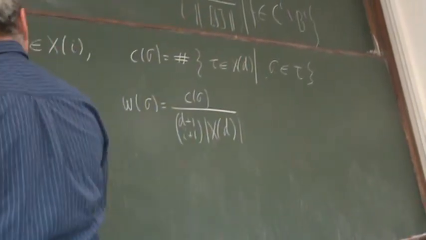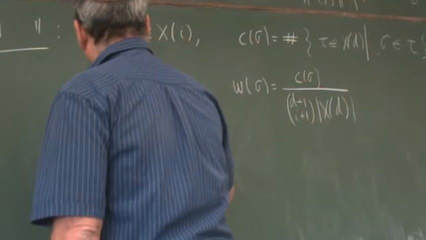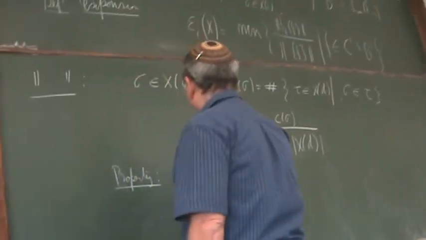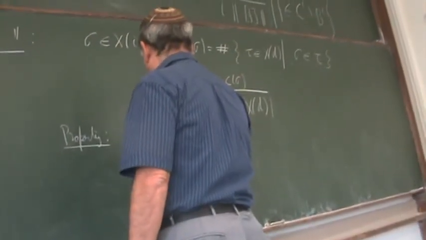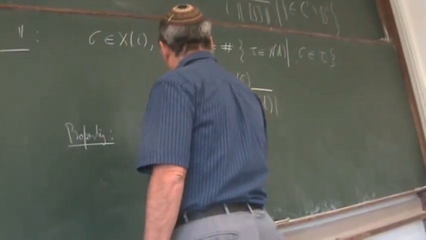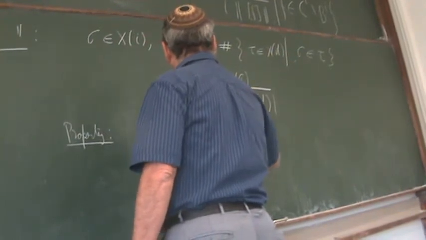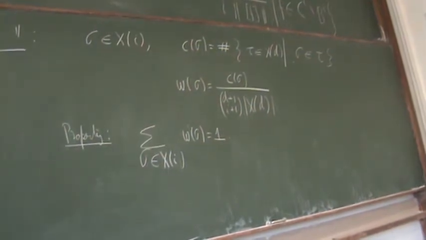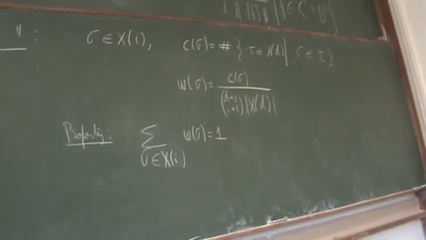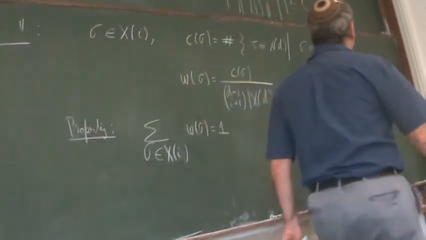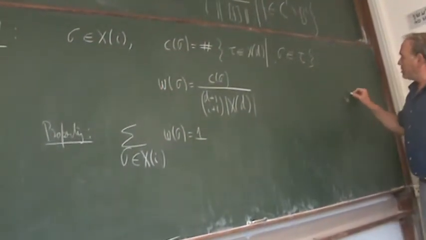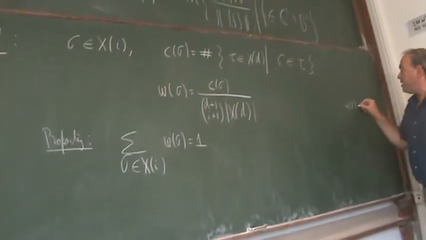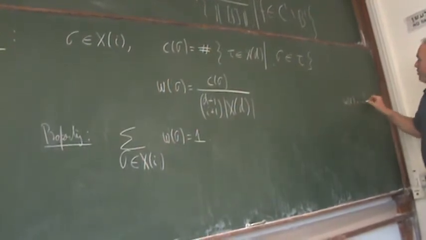The important property is that this is like a measure on X(i), namely the sum of w(σ) over σ in X(i) is 1. Now, one can argue what the natural measure to take is. If you want, you can simply give every cell weight 1 over |X(i)|.